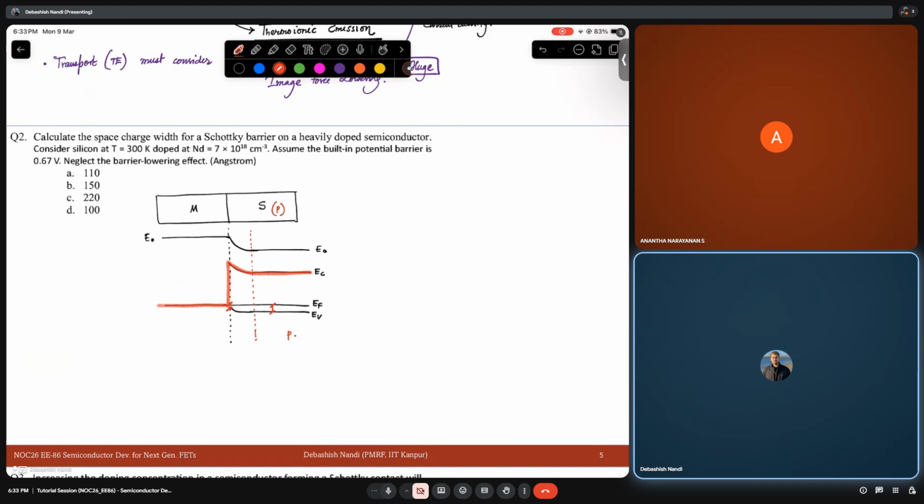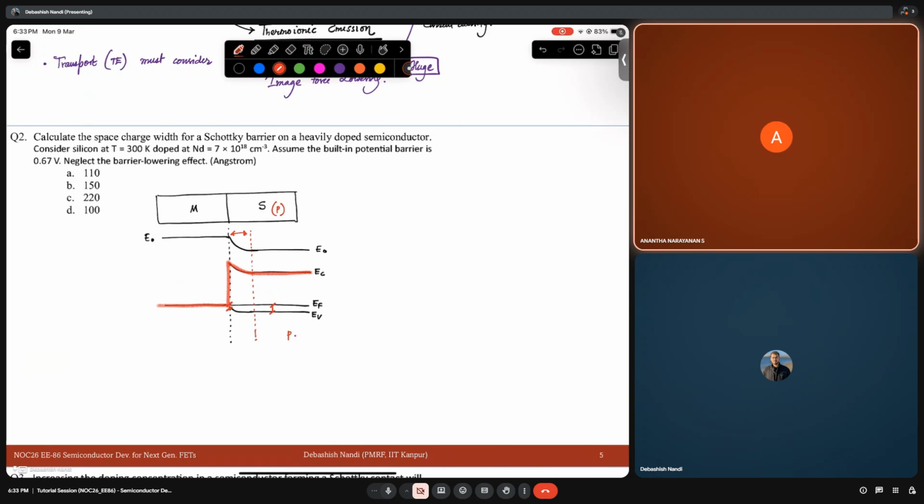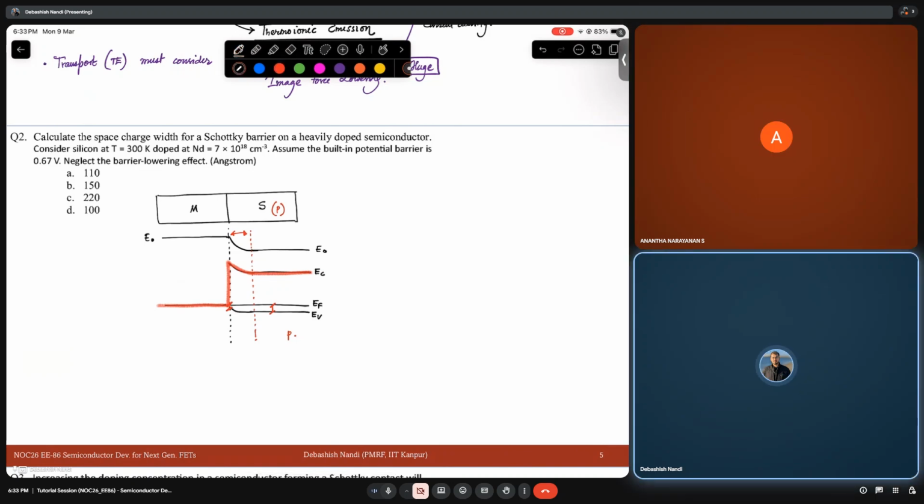Sir, this region will be much smaller, right? Yes, sir, for heavy doping. Not for heavy doping. See, one hole carries 1.602 into 10 raised to minus 19 coulomb of charge, and one negative ion also carries 1.602 into 10 raised to minus 19 coulomb, and one electron carries minus 1.602 into 10 raised to minus 19 coulomb.